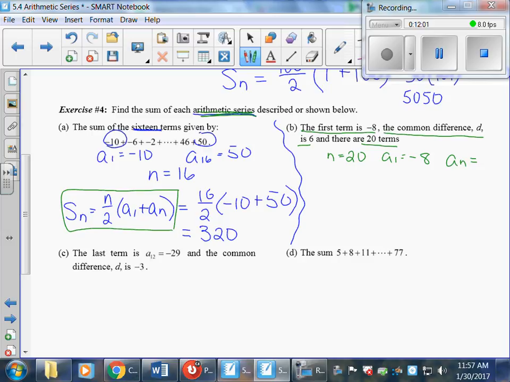In the last lesson, we had a great formula that said a sub n is equal to d times n minus 1, plus a sub 1.